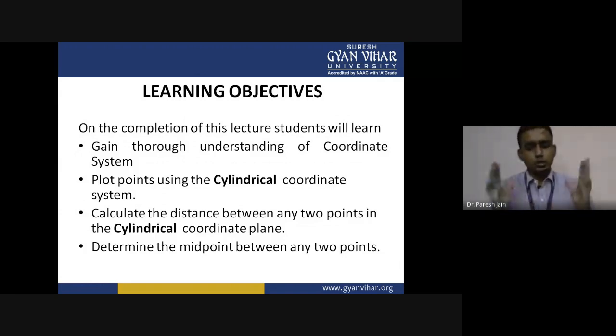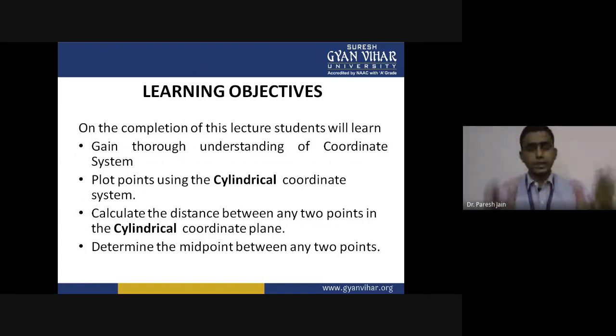Any 2 points available in the cylindrical coordinates, they are able to find the distance between them. They will also be able to understand the cylindrical volume, as well as find the surface area in the cylindrical coordinate system.